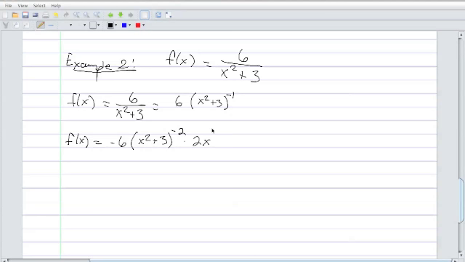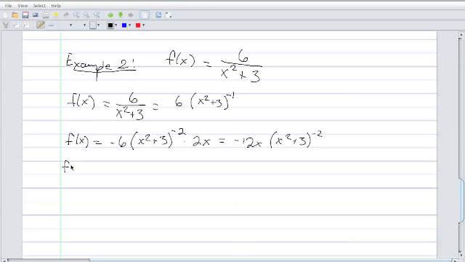I'm going to simplify this down a little bit. So this is going to become a negative 12x, and I'll leave it like this, times x squared plus 3 to the minus 2. So now from here, if I want to take this derivative, I could either use the product rule with the chain rule, or I can write it as a fraction and use the quotient rule. I'm more of a fan of the product with the chain, so that's what I'll do.